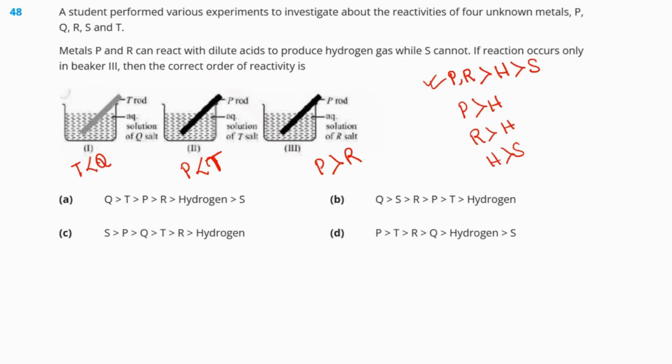So if we combine all of this, then what can we say? That Q is more than T, is more than P, is more than R, is more than H, is more than S. Right? So our answer should be option number A.